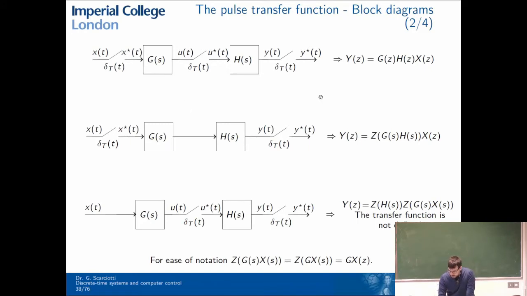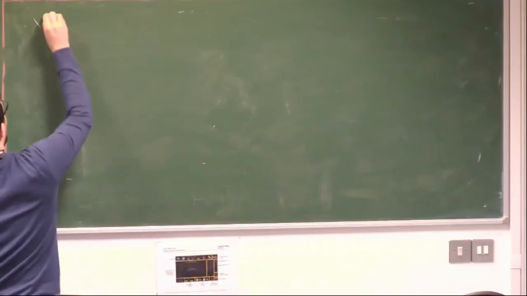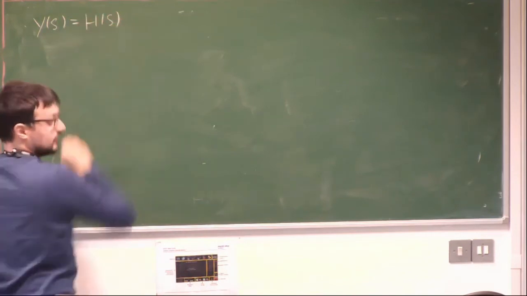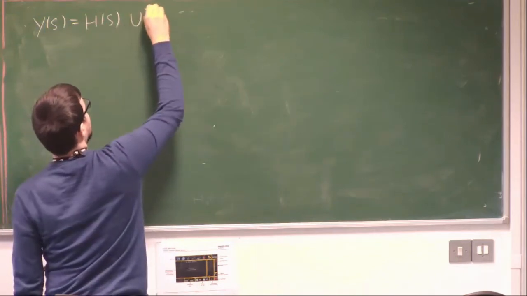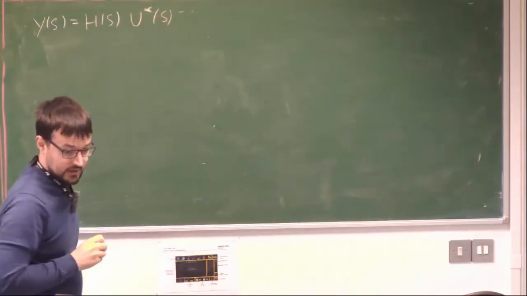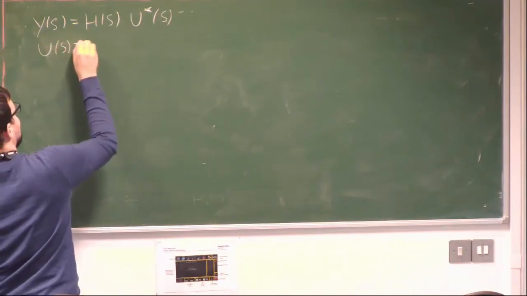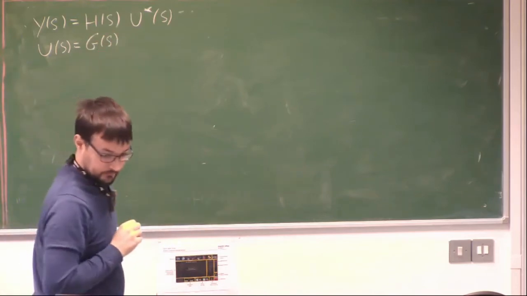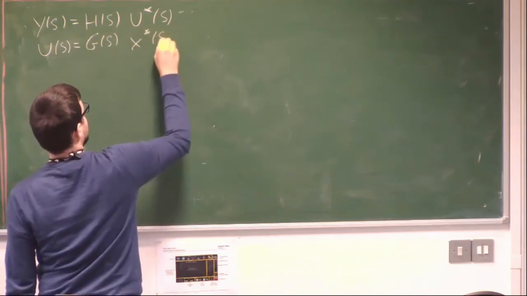We look now at the next set of schemes. So we look at the first one, and we see that here we have two blocks, g(s) and h(s), and before g(s) there is a sampler, between g(s) and h(s) there is a sampler, and after h(s) there is a sampler. So now we write the transfer function here. We have that y(s) is equal to h(s) times u*(s). And u(s), reading from the block diagram, is equal to g(s) times x*(s).